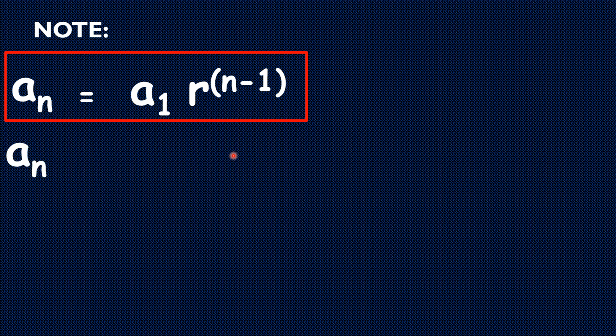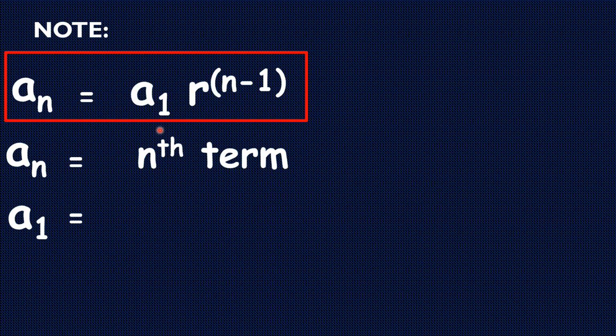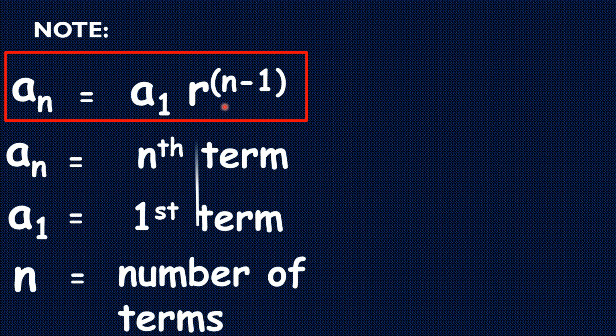Now, what is our an? That is our nth term. What is our a1? A1 is the first term. What is our r? Before r, let's look at what n is. N is the number of terms. So in various cases, you can have different terms. For instance, if we want to know the first term, our n will be 1, and then anywhere we see n, we substitute with 1.